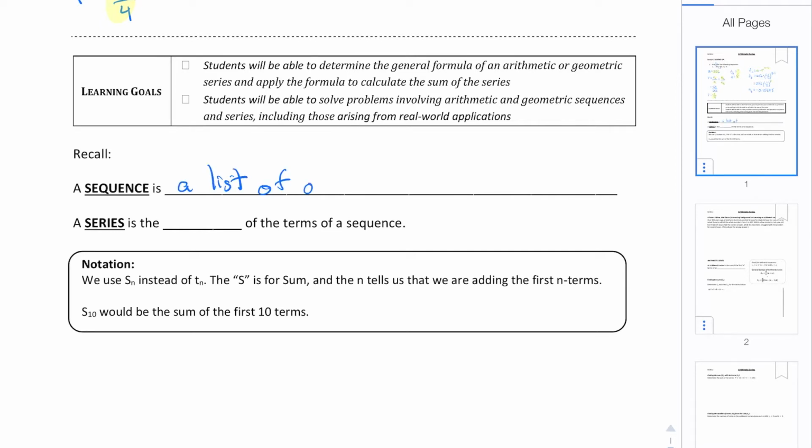So today, as I said, we're going to look at series. A sequence, remember, is just a list of ordered numbers that fit a pattern.